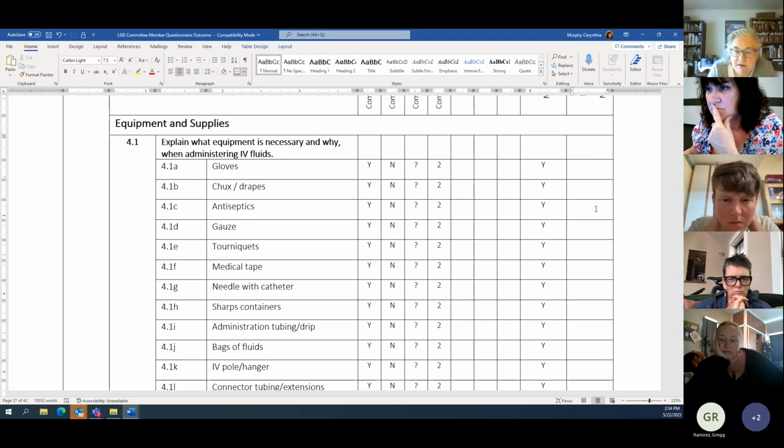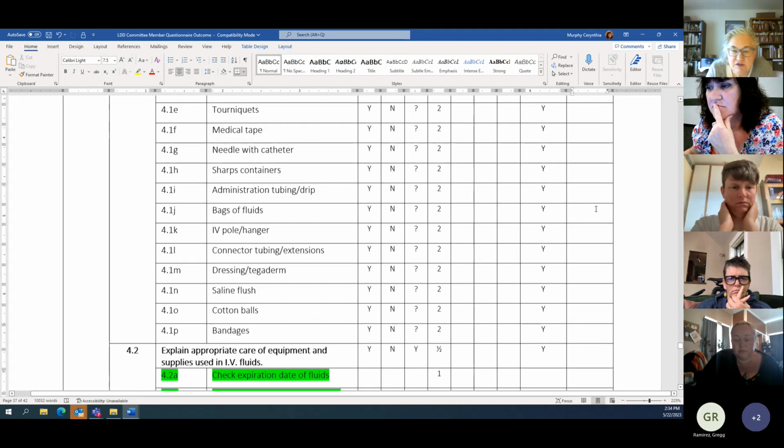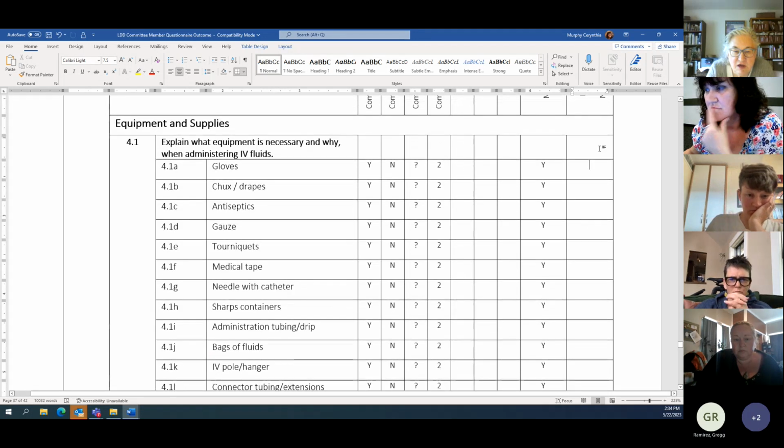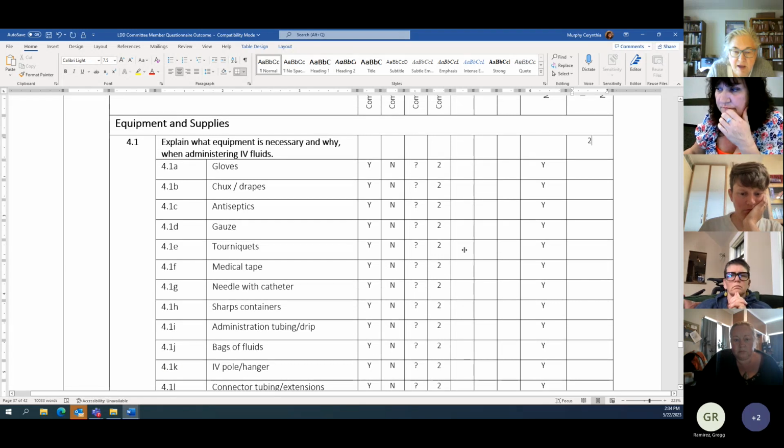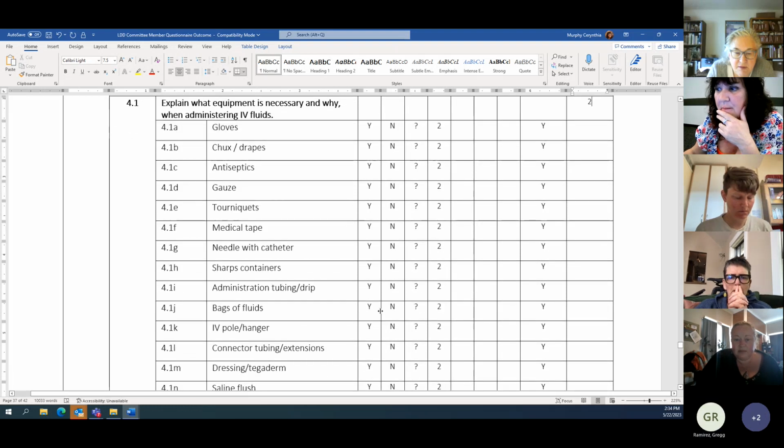But it seems really excessive to have a question about each of them, though. Exactly. So maybe give a 2 to the top there where it says explain what equipment is necessary, and then we can figure out how to word a question.